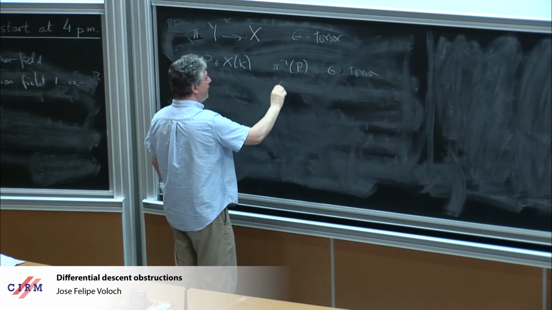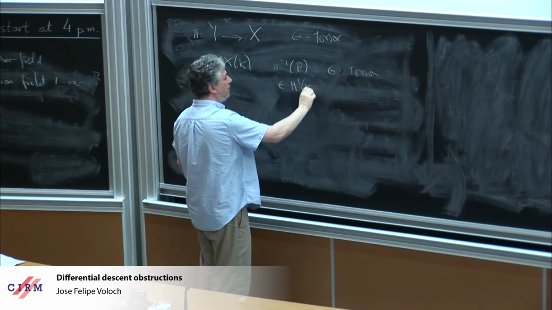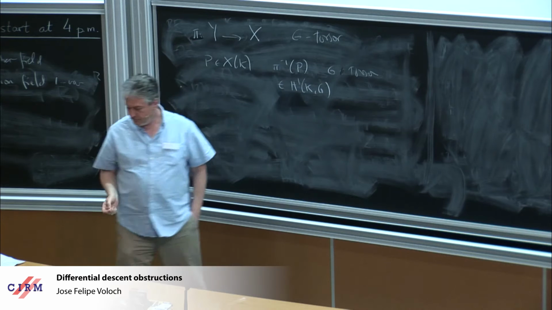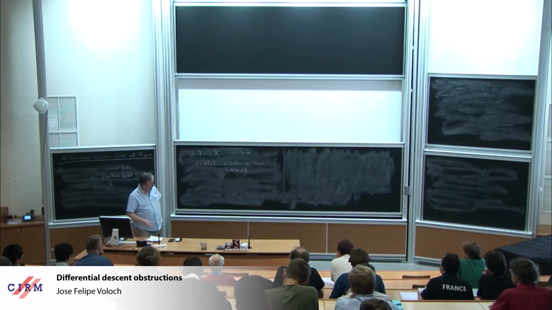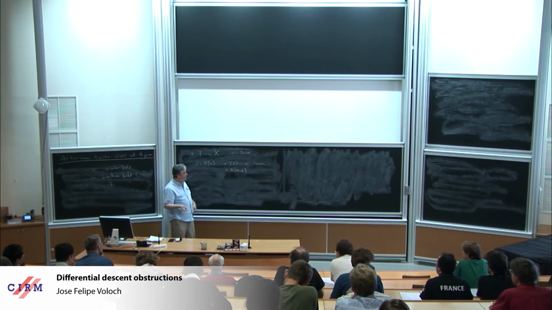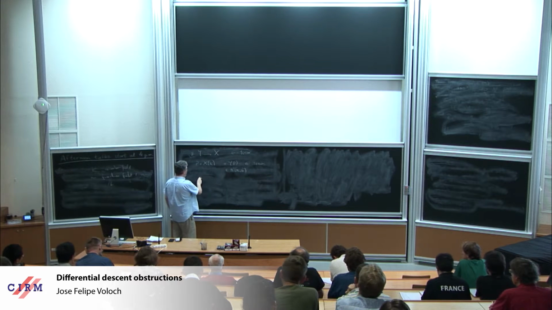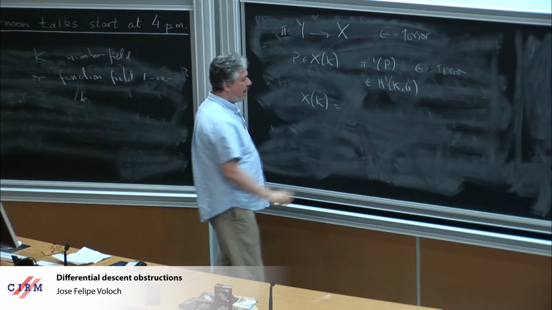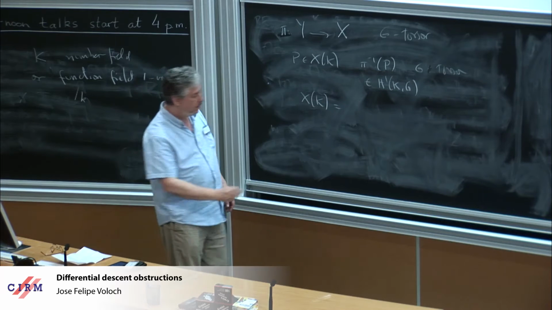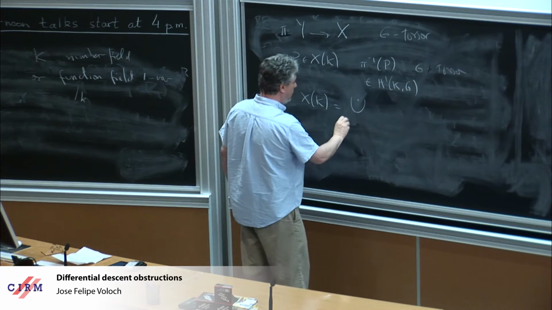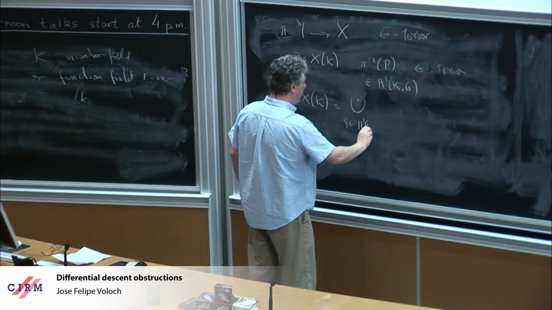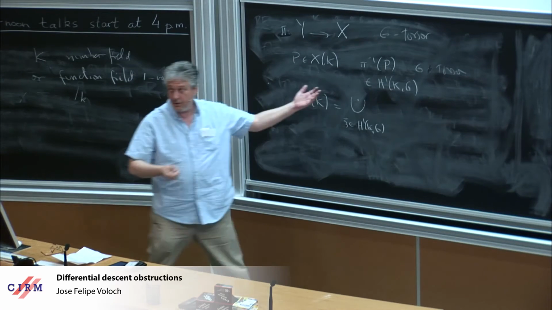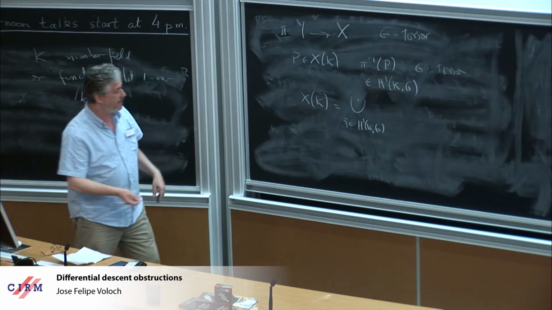So this is an element of H^1 here, and we can decompose the rational points of X as a disjoint union over the classes in this H^1 that describe the specific torsor that the fiber represents.